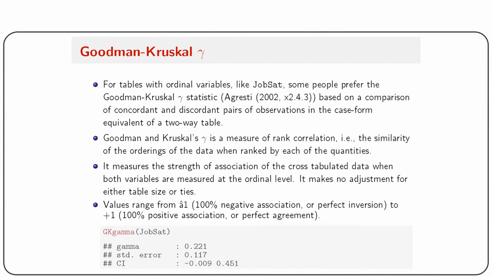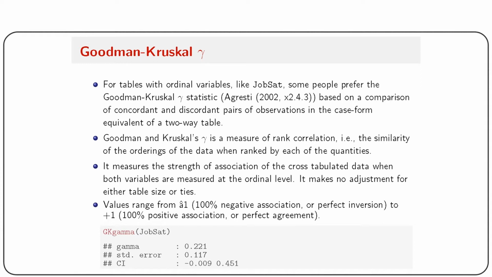It measures the strength of association of cross-tabulated data when both variables are measured at the ordinal level. It makes no adjustment for either table size or ties. The values range from -1 to +1, that is, 100% negative association to 100% positive association, where one is perfect agreement and minus one is perfect inverse disagreement.